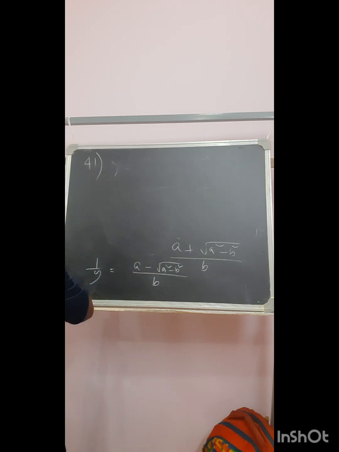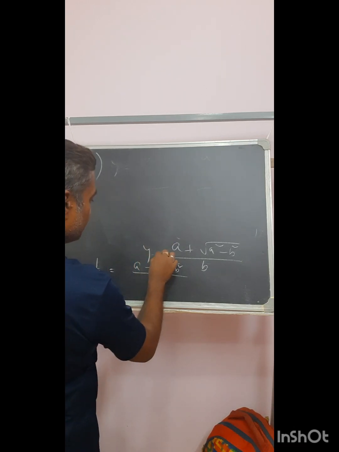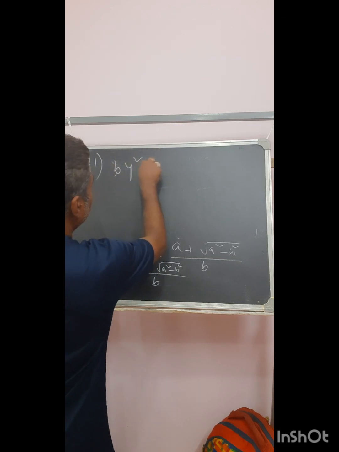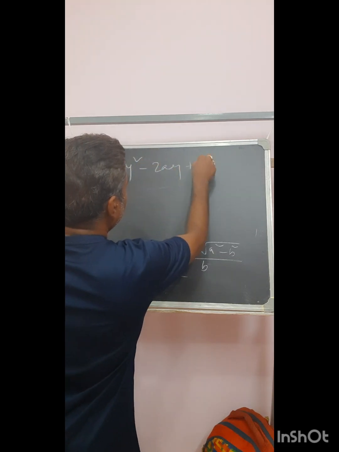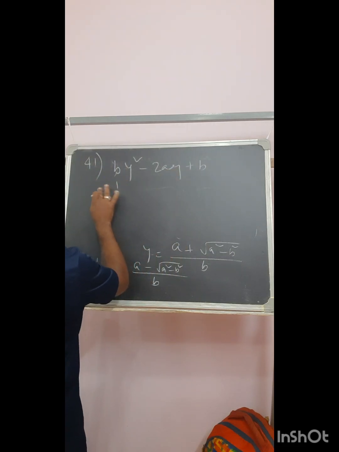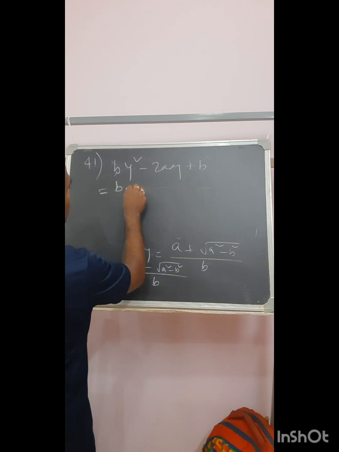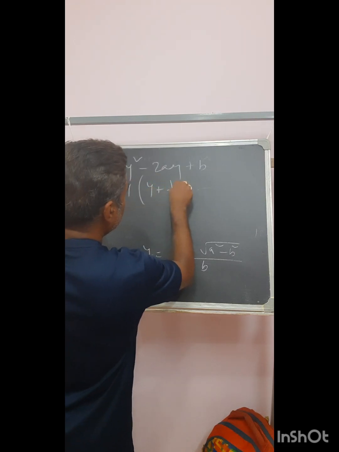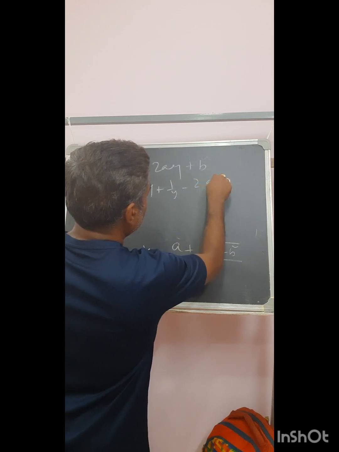This is your y. So now my equation is y square minus 2ay plus b. So what I did, I have taken b and y common. So it gives y plus 1 by y minus 2a by b.